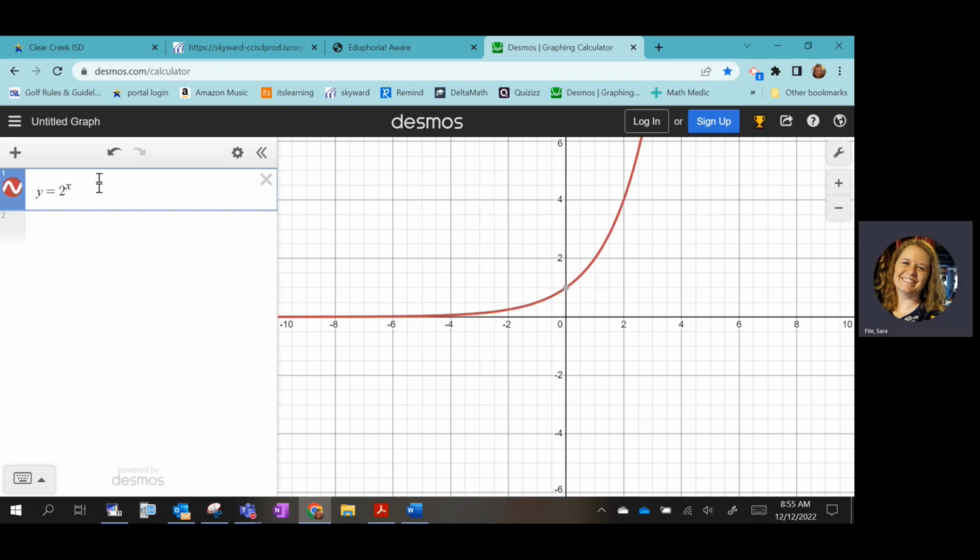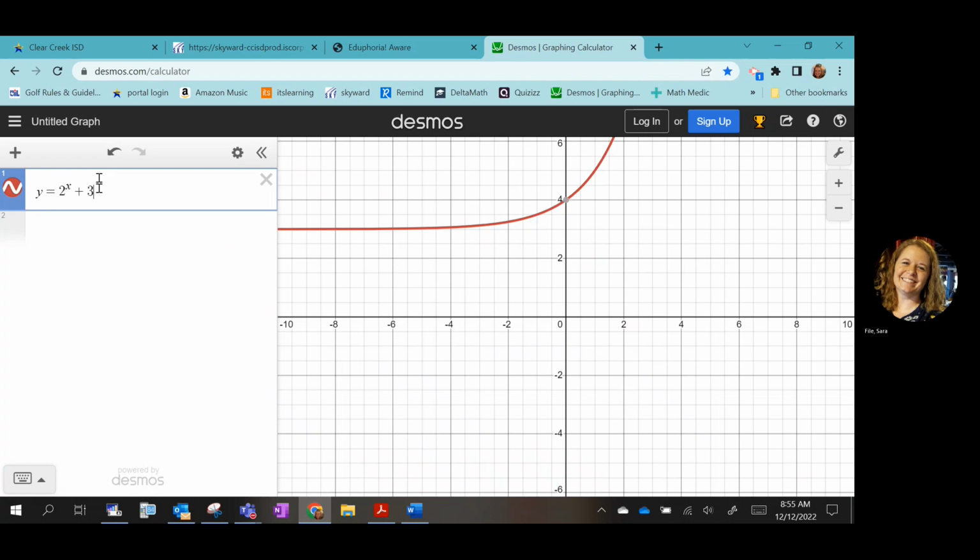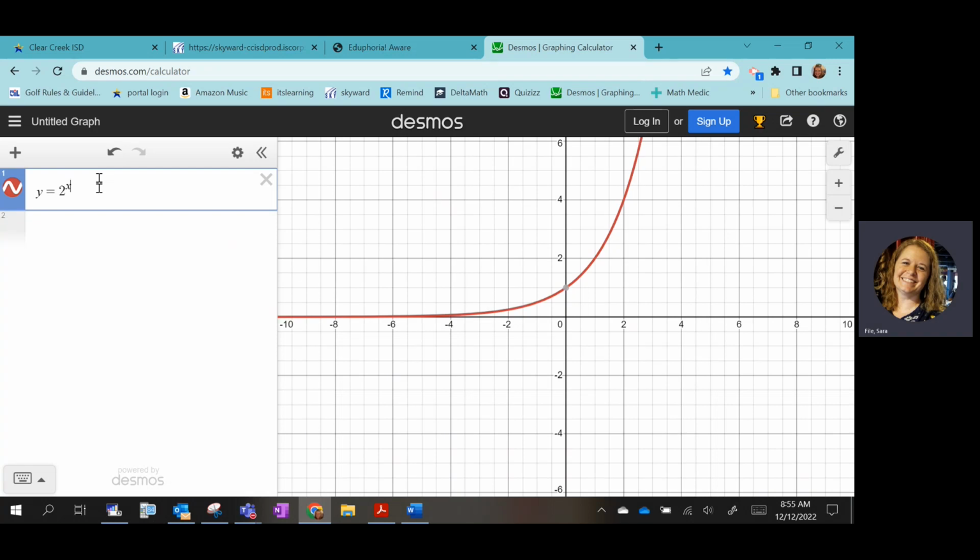Oops, that needs to still be in the power. I guess I have to use parentheses to get it to stick in the power. So parentheses plus 3. And then outside the function, not in the power anymore, is a 4, so plus 4.